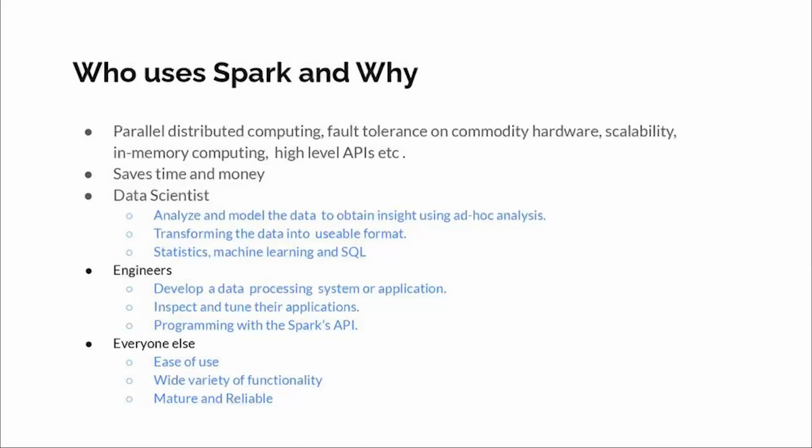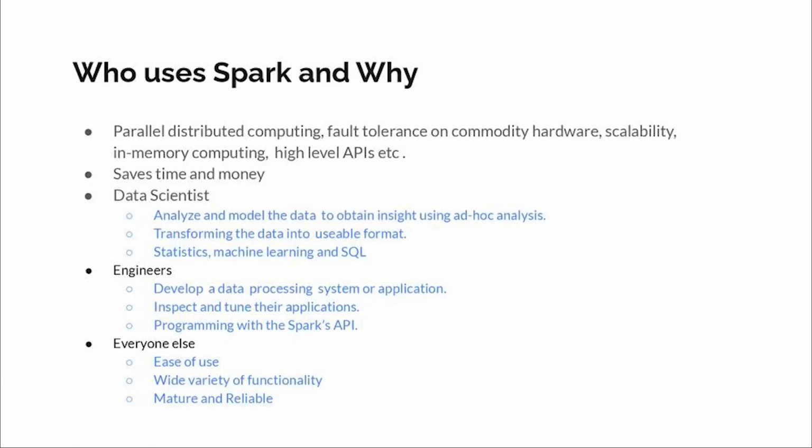Here we have some of the famous features of Apache Spark. The first one is parallel distributed computing. We all know Apache Spark as a framework is famous for its speed and its parallel computing abilities. The second is fault tolerance on commodity hardware.